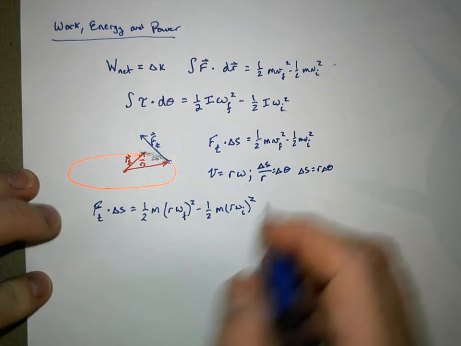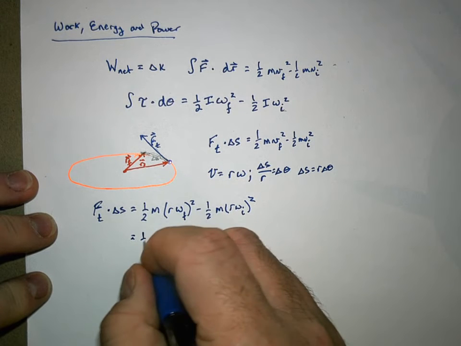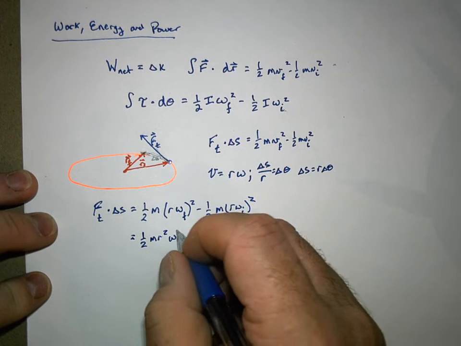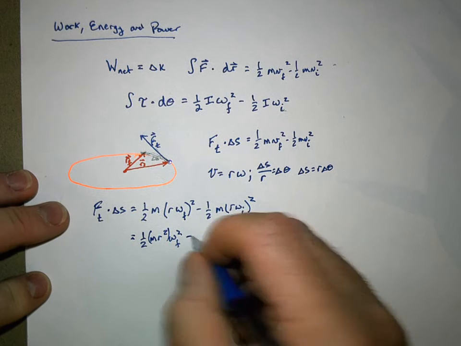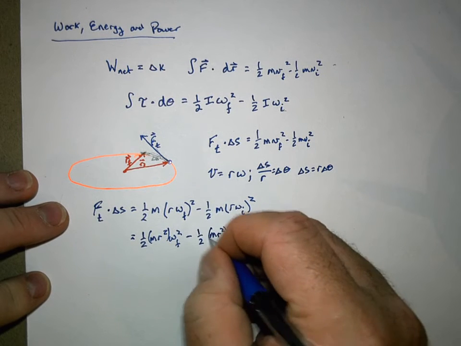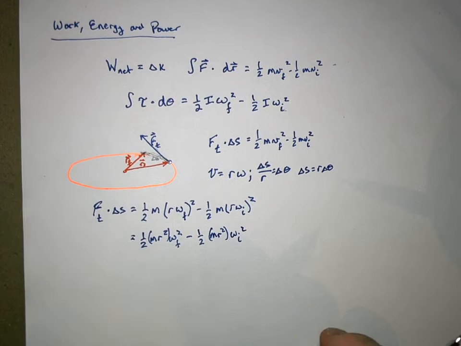Well, then we go from there, and we can rewrite this to get 1/2 m r squared omega final squared, grouping this together, minus 1/2 m r squared omega initial squared. But then what do we have here? For any particular particle, this m r squared is the moment of inertia of that one particle.